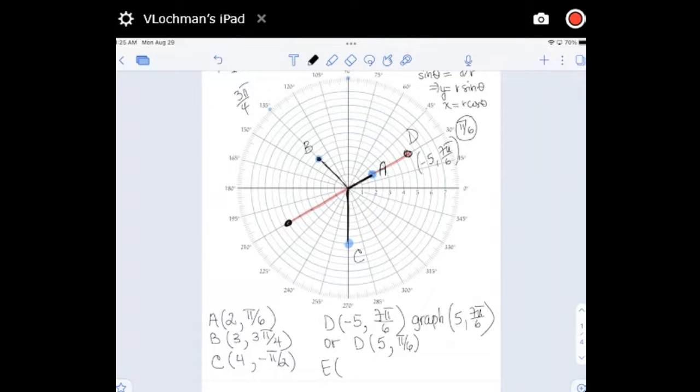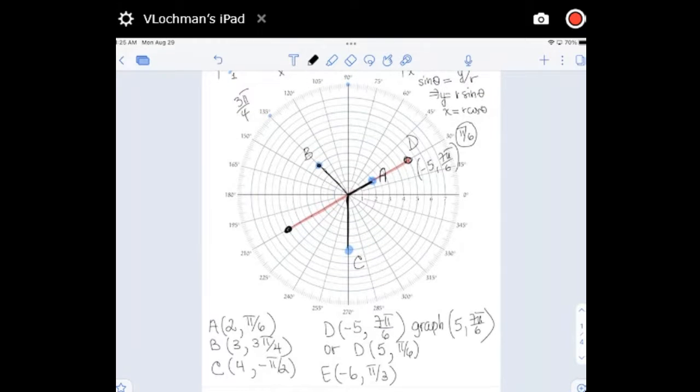Let's call this point E, negative 6, pi over 3. So where does this point live? Pi over 3, that's 60 degrees. We're going to pretend that negative is not there, and we're just going to plot 6, pi over 3, so this point right here.